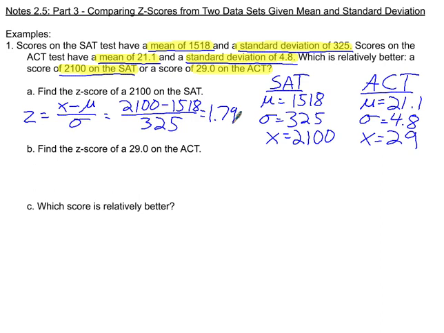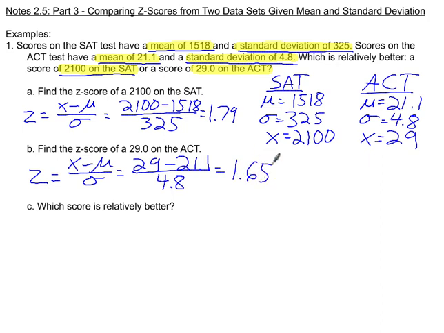Well, for the z-score on the ACT, again we'll go to our z-score formula and substitute in our value, which is a 29, subtract the mean of 21.1, divide by the standard deviation. We end up with a z-score of 1.65.